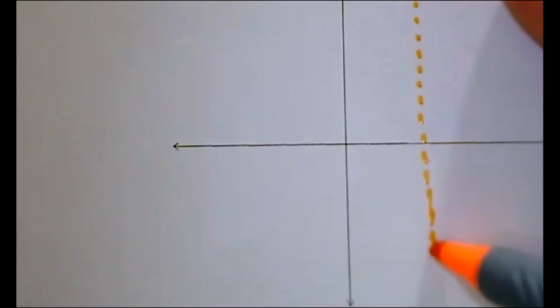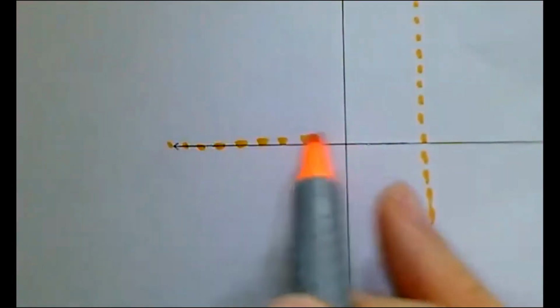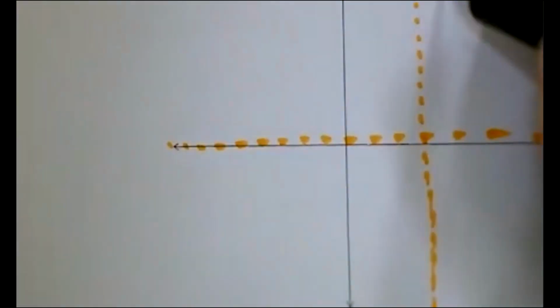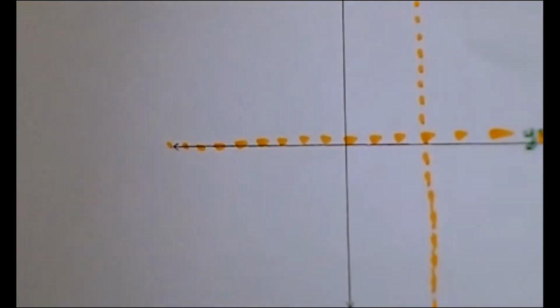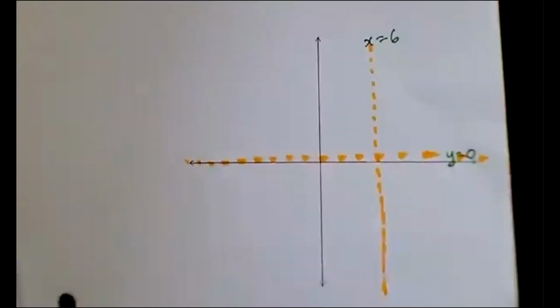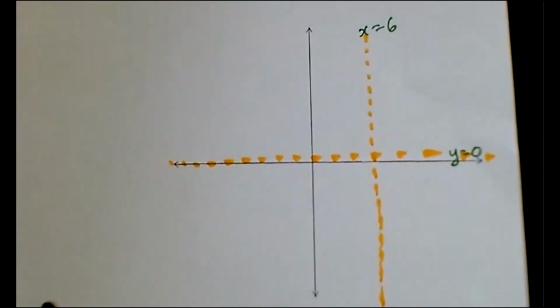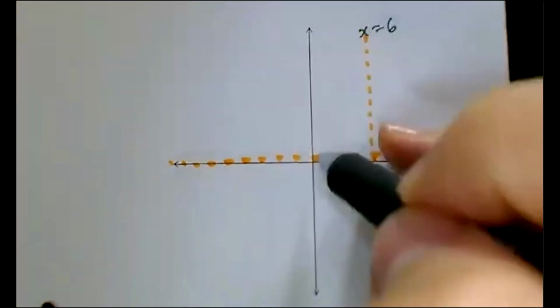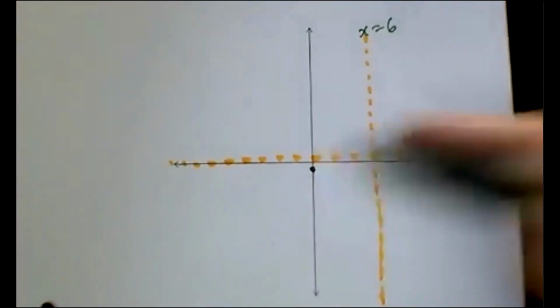You have the information in front of you, so I'm going to zoom in on my graph. I have asymptotes at 6 and 0. Okay, my y-intercept is negative somewhere here.